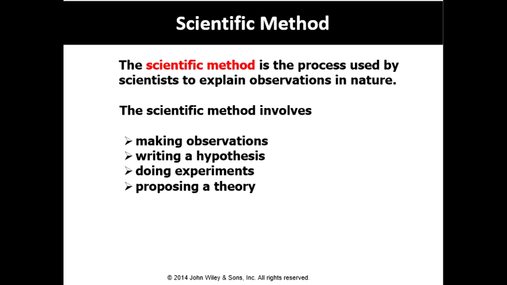experiments, theory. It means a scientific method starts with one observation. We need to observe and see something. After that, you think about that observation. You think how to explain that observation. We call that hypothesis. Then, to confirm whether your hypothesis is correct or not, you need to do some experiments.